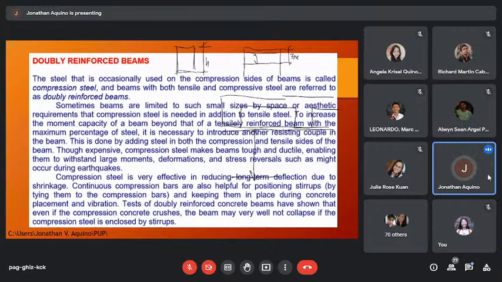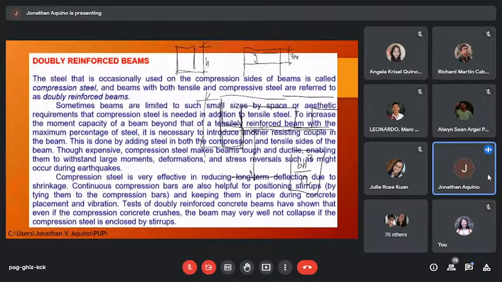Unlike na pag masyadong malaki yung H mo, okay, although in reinforced concrete design, the deeper the beam, mas effective siya. Kasi lumalaki yung moment of inertia natin. Kasi yung moment of inertia natin is BH cubed over 12.